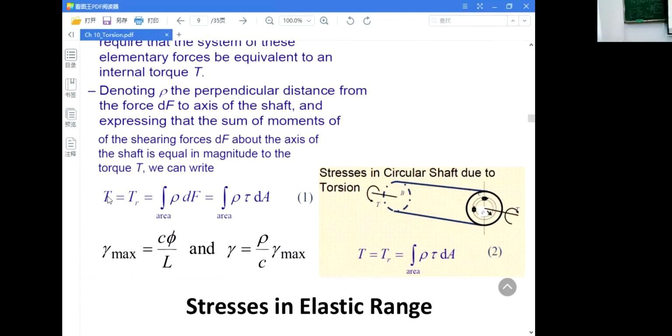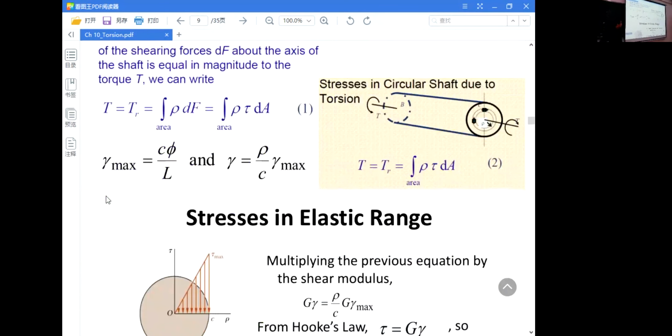The moment of tau dA about the centroid is rho tau dA. Integration over the whole cross section, we can get T, because the shaft is balanced.